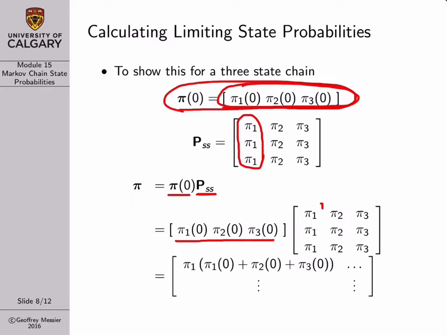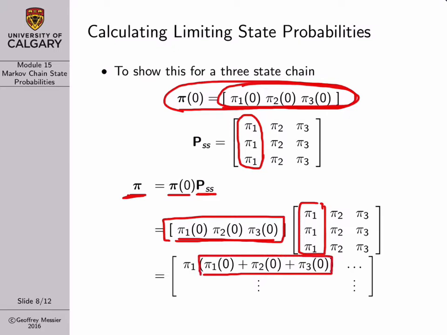And so that means to determine the first value in our limiting state probability vector, we take the first column and we multiply it by the row of the initial state vector. And if each one of these elements in the first column is equal to pi 1, we basically have pi 1 multiplied by the sum of the initial state vector. Now, these values in the initial state vector can be anything, but they always have to add up to 1.